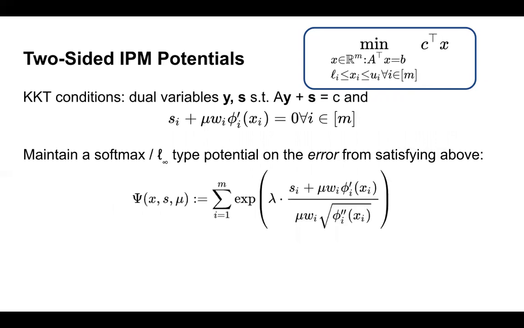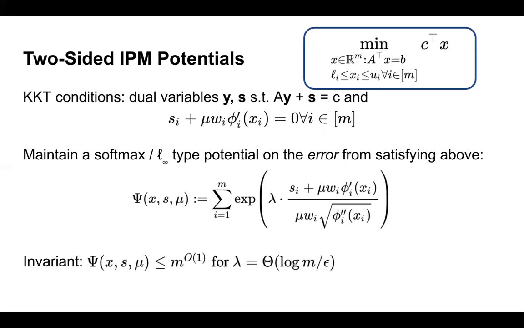By approximately maintaining this KKT condition, what I mean is we set up a softmax potential. So this is the sum of exp of lambda times what we're actually maintaining, s plus mu w phi prime of x. So we want it to be 0, but it's not actually 0. And then we normalize it by some normalizing factor.